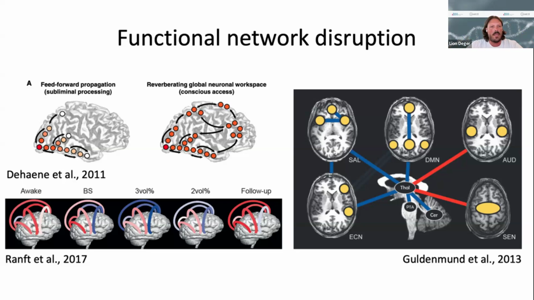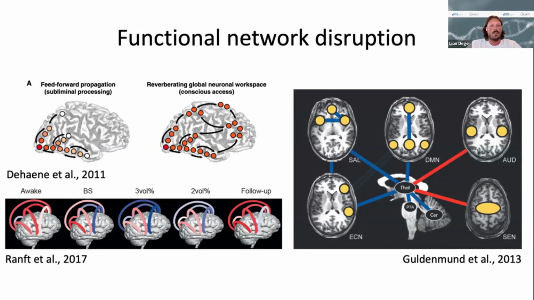And as a side note, just as perturbational complexity was derived from IIT, these functional network breakdowns would correspond to other theories of consciousness, most prominently, I would say, the global neuronal workspace theory, where the idea is that consciousness depends on broadcasting information widely, which is disrupted during loss of consciousness, and we can see that through this measure.